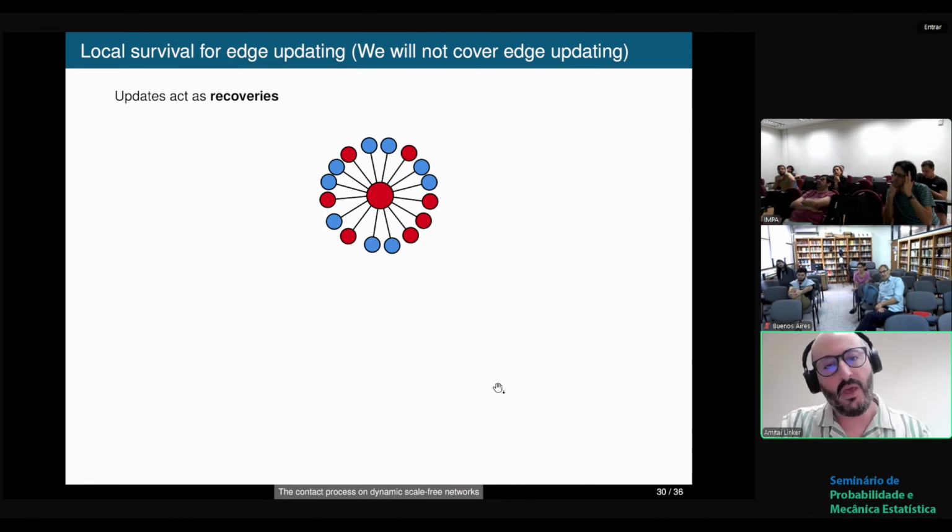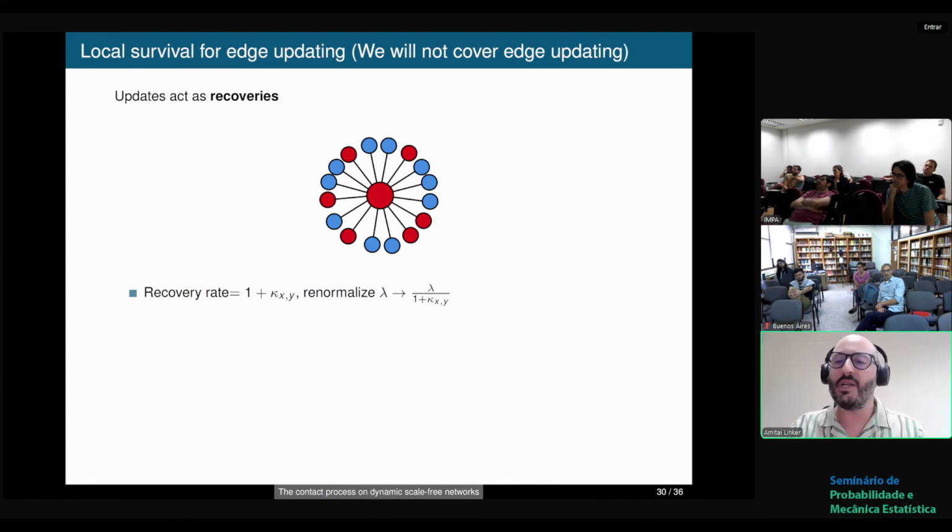First of all, you need to understand local survival in the case eta is smaller than 0. You first need to go through edge updating, which we will not be covering today, except for this. In the edge updating case, edges are the ones that are updating. So you lose your neighbors one by one and replace them with new neighbors.